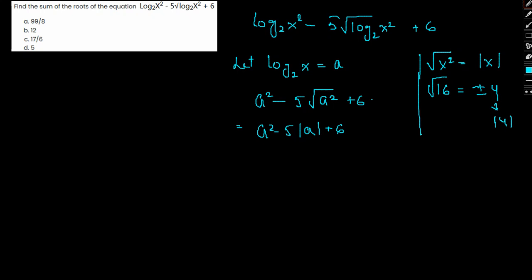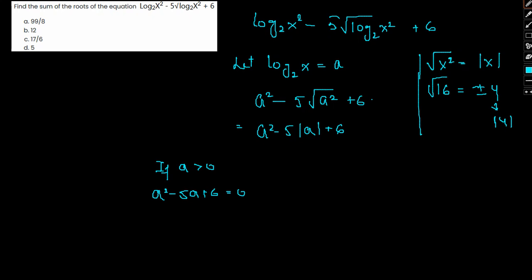Now we will have two conditions in this regard. First condition: when a is greater than 0. If a is greater than 0, then a square minus 5a plus 6 equal to 0.